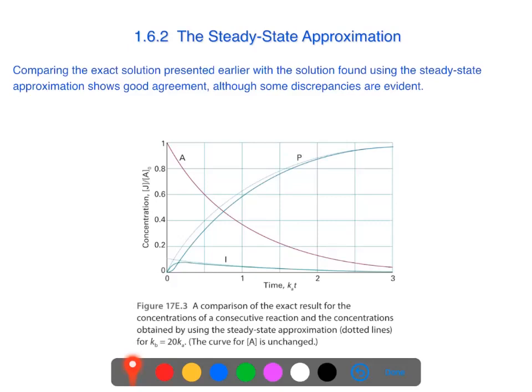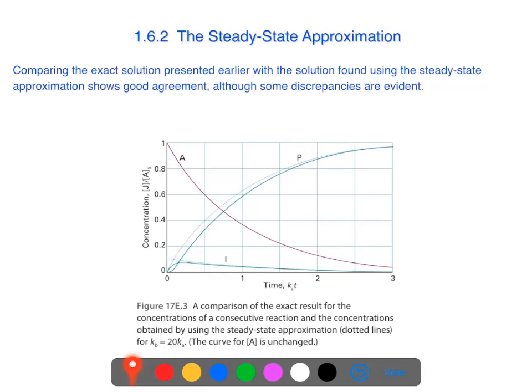As the magnitude of those rate constants become more similar, we're going to see that the exact solution doesn't coincide well with the steady state approximation. And so there, a numerical solution is probably the only way to determine how the change in the product concentration occurs during the course of the reaction, that time dependence of the product concentration.